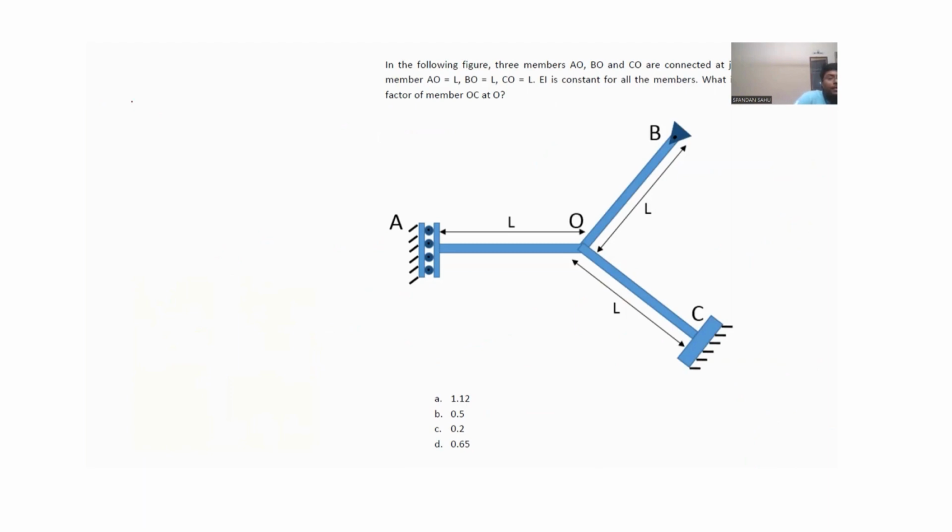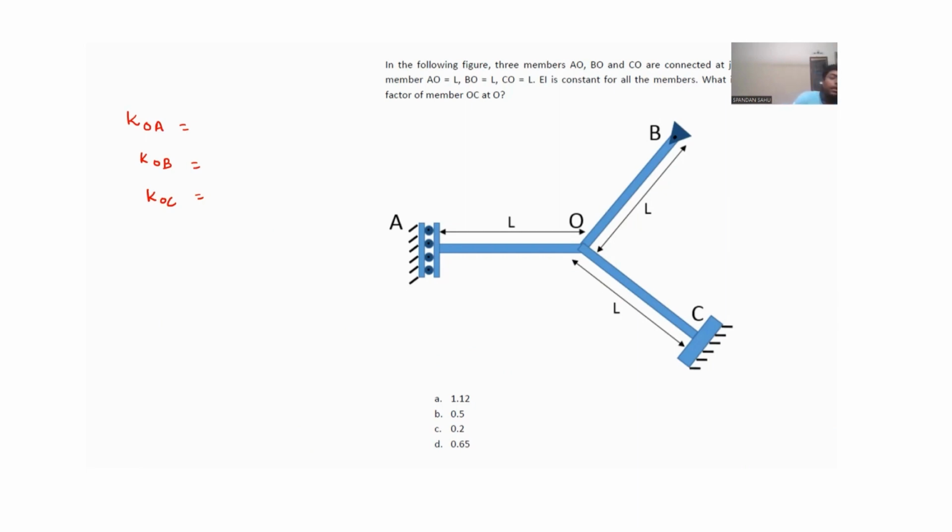First tell me the stiffnesses. First tell me KOA, KOB, KOC. By seeing the figure only you can tell now, because we have elaborately discussed and done all those derivations related to those equations.